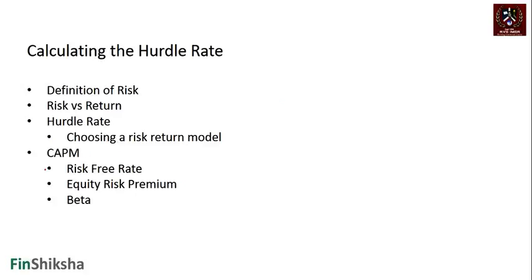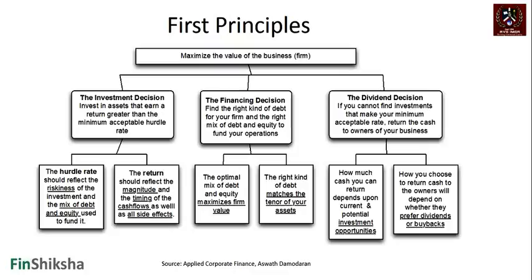Then we will get into details about the capital asset pricing model and look at its components. We will use that as the risk return model that will give us the hurdle rate and the numbers around the hurdle rate as we go along. So that's the broad contour of how we are going to look at it.